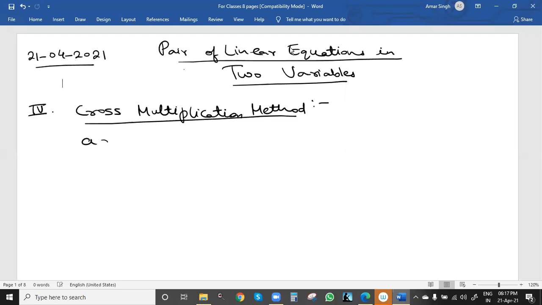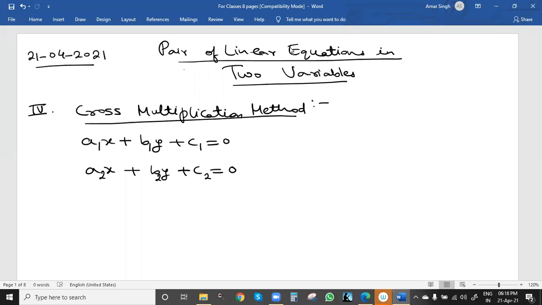We can represent a linear equation by ax plus by plus c equal to 0, and here we have two equations, so the other will also be ax plus by plus c equal to 0. x and y are variables, and a, b, c are constants. So the first equation has a1, b1, c1 and the second equation has a2, b2, c2. These are the standard form of these linear equations.